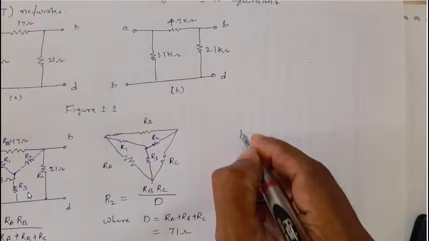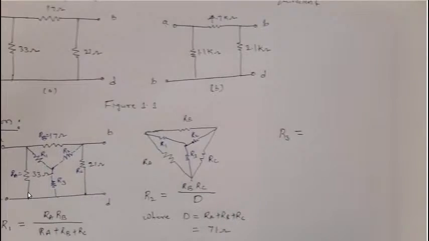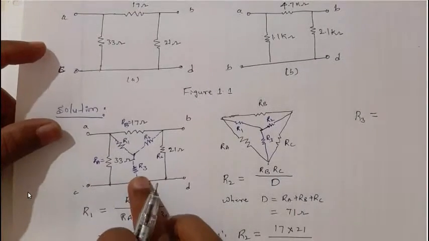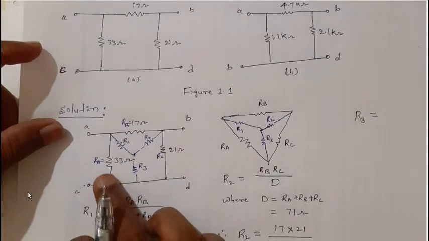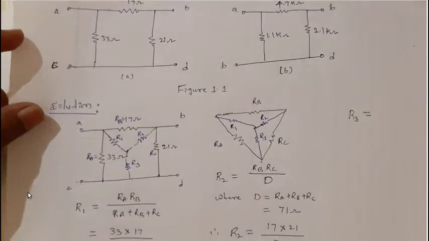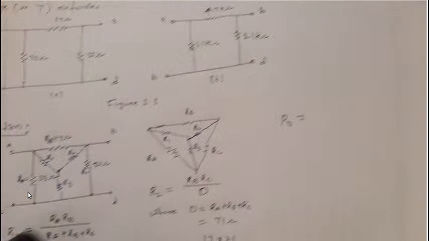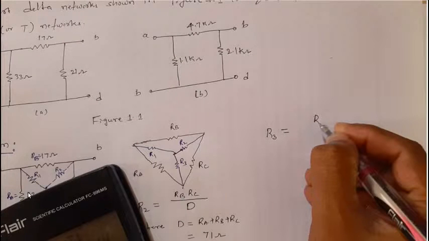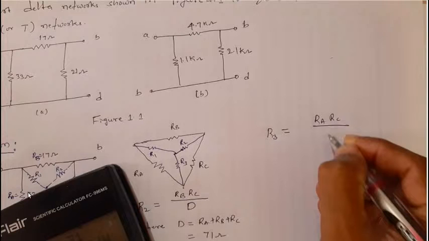And finally, we are supposed to find R3. If you see this network, dear students, R3 is this resistor, and the two nearest resistors are RA and RC. So R3 is equal to RA RC divided by D, where D is nothing but the denominator.